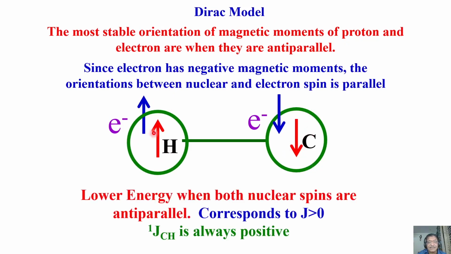And this is called the lower energy configuration. When both the nuclear spins are anti-parallel to each other, it is lower energy. Lower energy is a stable configuration. It corresponds to J being positive. 1JCH is always positive.